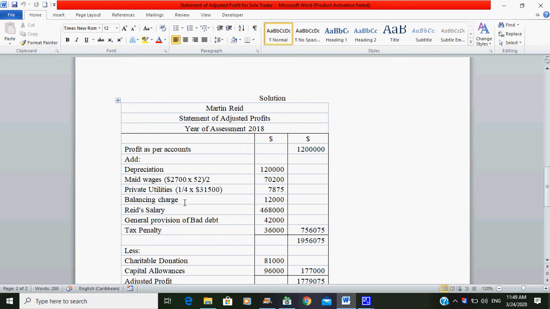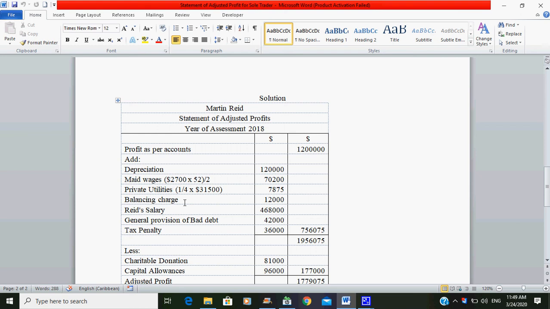So the balancing charge is added back. Remember that, it was said earlier in our discourse as we were going through the notes. If you go back, you would see it.